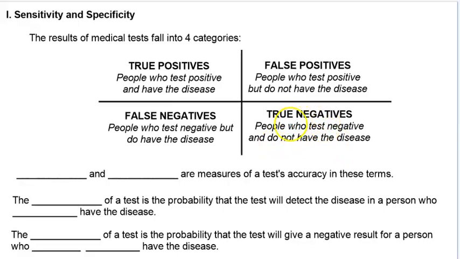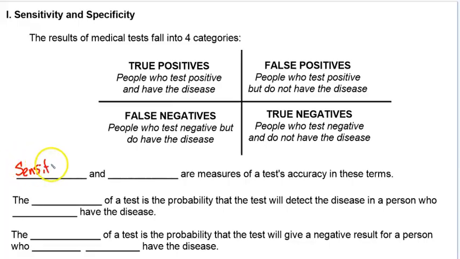So the test is basically doing what it was designed to do. In both of these cases, the true positive and the true negative, those are ideal. But because that doesn't happen all the time, it opens up the probability that these other two scenarios could actually take place.